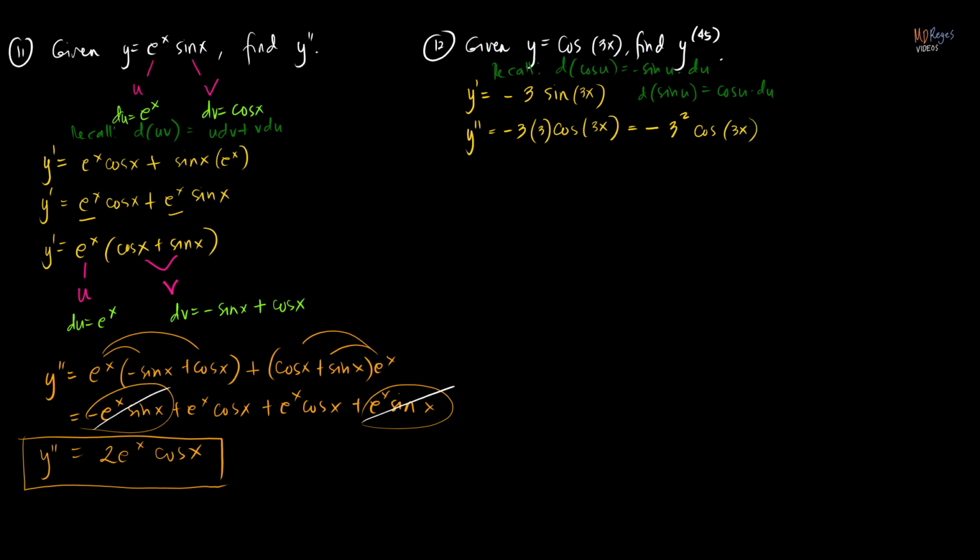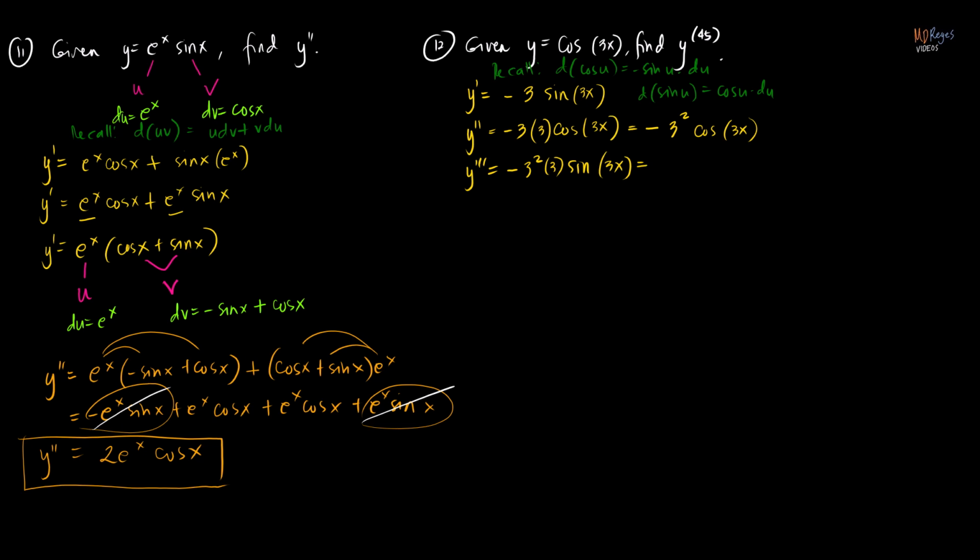We're trying to look for a pattern here. Now, the third derivative of the function is the derivative of negative 3 squared times cosine of 3x. Well, we'll just copy the constant, negative 3 squared. The derivative of cosine of 3x is again sine of 3x times the derivative of 3x, that's 3.